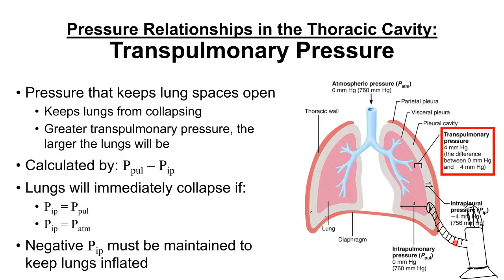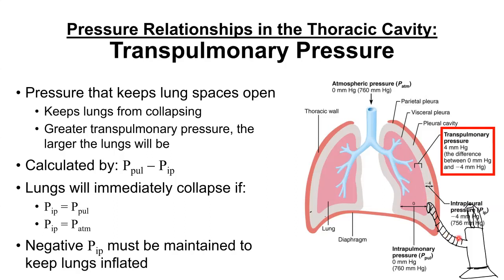The only reason you can suck things into the hose is because of this negative pressure. The same sort of thing exists in the lungs, in which there's a negative pressure here in the pleural cavity, which kind of sucks on the lungs and keeps them inflated.